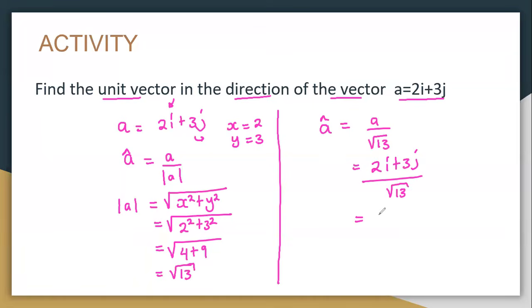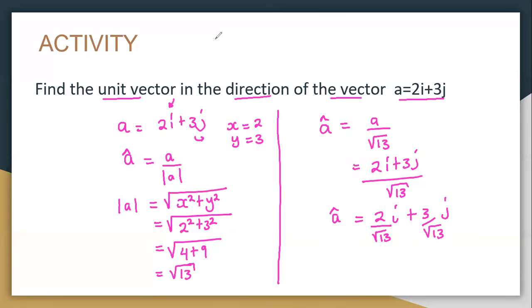So what are you going to do? You can now separate and say this is 2 over root 13 i, then plus 3 over root 13 j. And now this is what we call our unit vector.